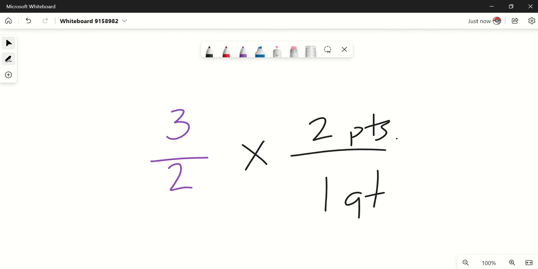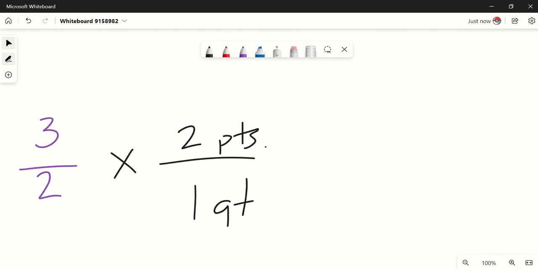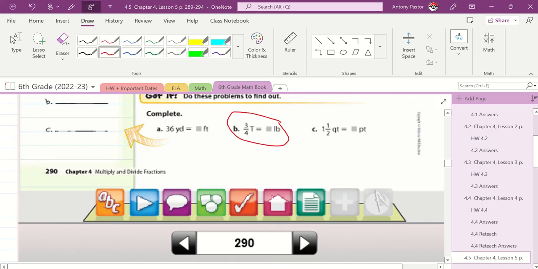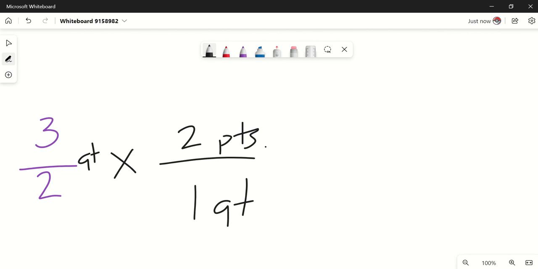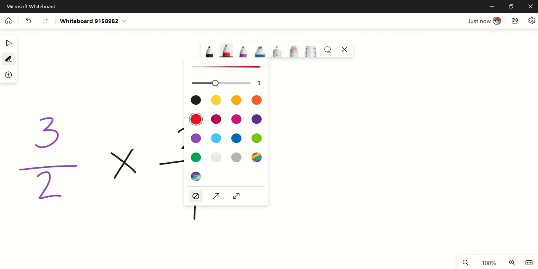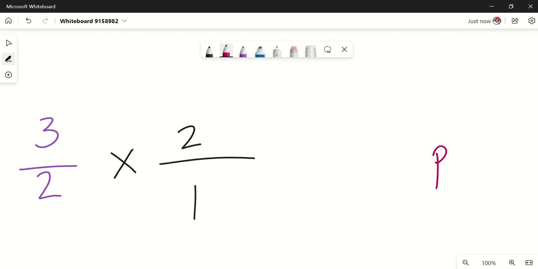I'm going to go ahead and shift this over. Now remember, our answer is going to be in pints. This originally was quarts. Yep, 1.5 quarts. So these get crossed out. Our answer is in pints. Let me erase, and I'm going to move pints over here. I'm going to use a different color. My answer is going to be in pints.